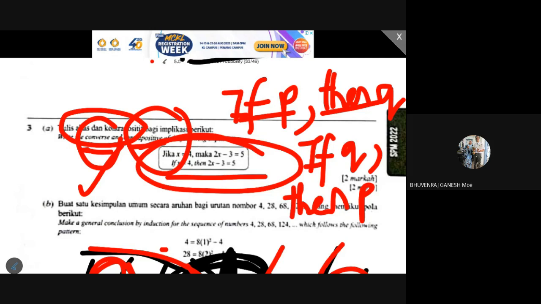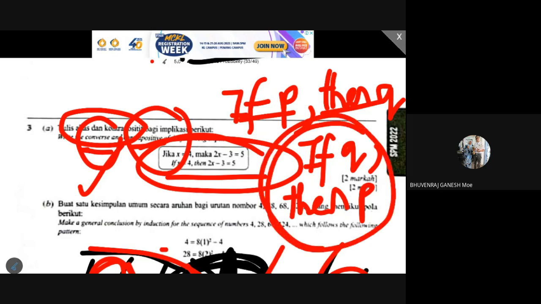Converse and contrapositive are always related, guys. These two words both start with C, right? So remember, you follow the same format. Except, you just add a negation to the Q and P. Okay, don't change the positions of P and Q. Just add the negation. Negate Q and then negate P.